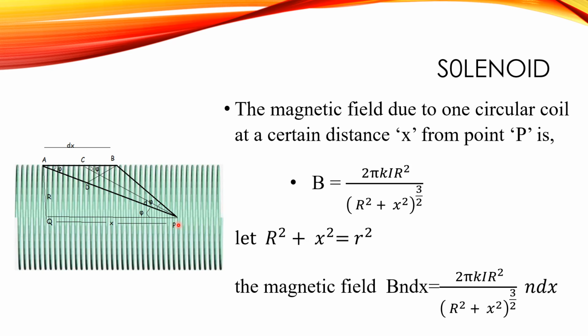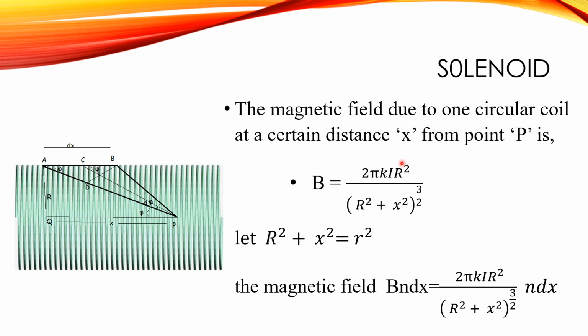For this, a small length dx is considered, and it is represented as AB. This part of the solenoid is considered first, and the magnetic field at P due to the coils within this length is determined first. So let us start.